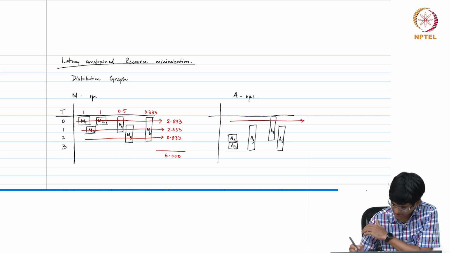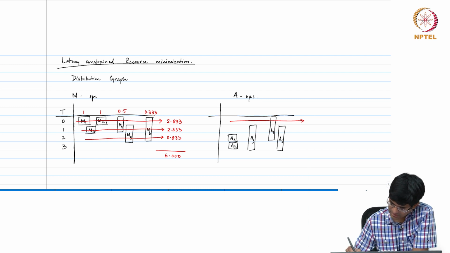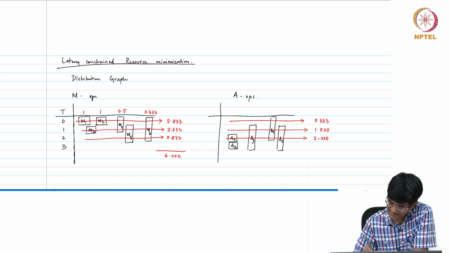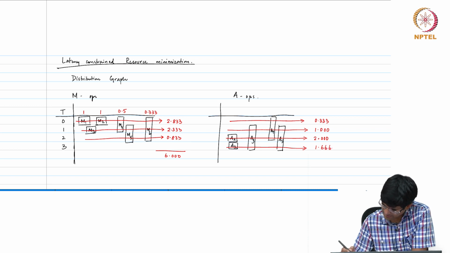What about the A-type operations? What I have is 0.33 in the first, 0.3 plus 0.3 plus 0.3, so that is 1 in cycle number 2, again 1 plus 1, so 2 in cycle number 2, and in the last cycle I end up with 1 plus 0.33 plus 0.33, that is 1.66, right.